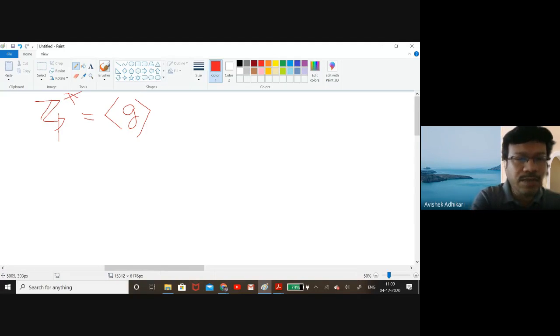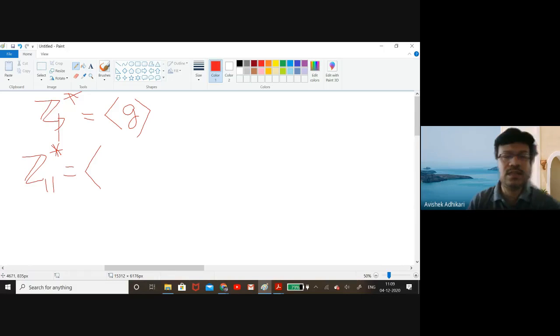Now tell me someone, what is any generator of Z11 star? Can anybody tell me any generator of Z11 star? Okay, for the sake of simplicity, let's take Z7 star. Maybe that would be easier. Any generator of Z7 star?